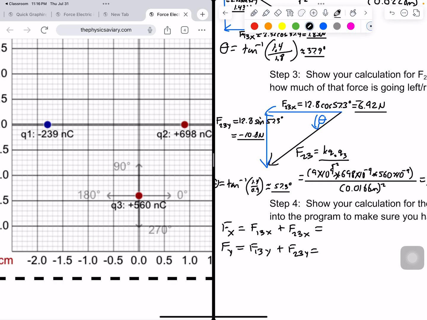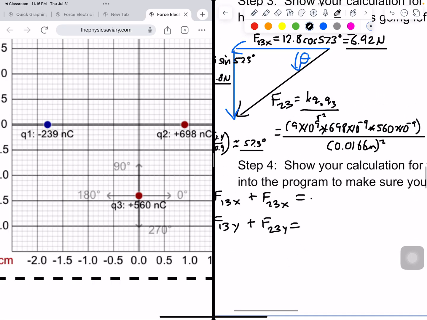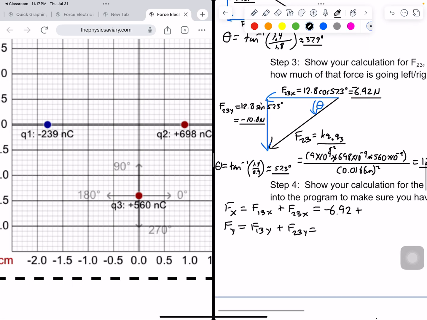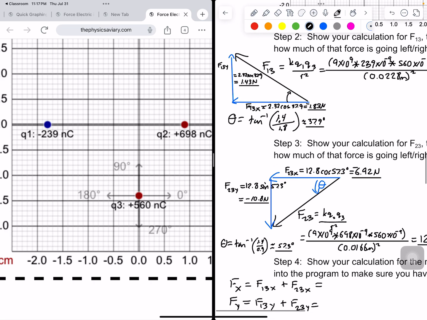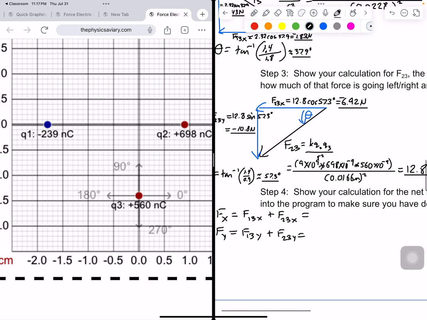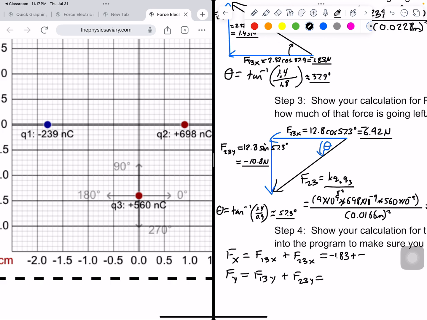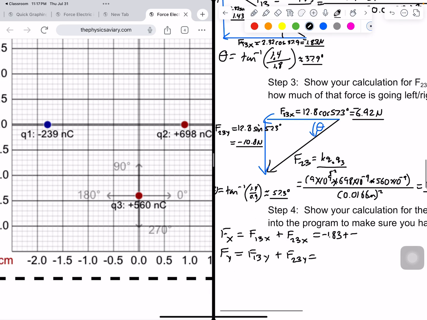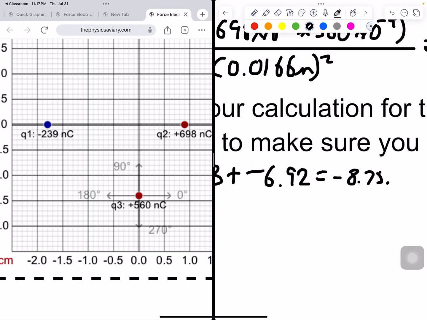So F13 in the x direction is negative 1.83 plus F23 in the x direction, which is negative 6.92. So that would add up to negative 8.75 newtons.